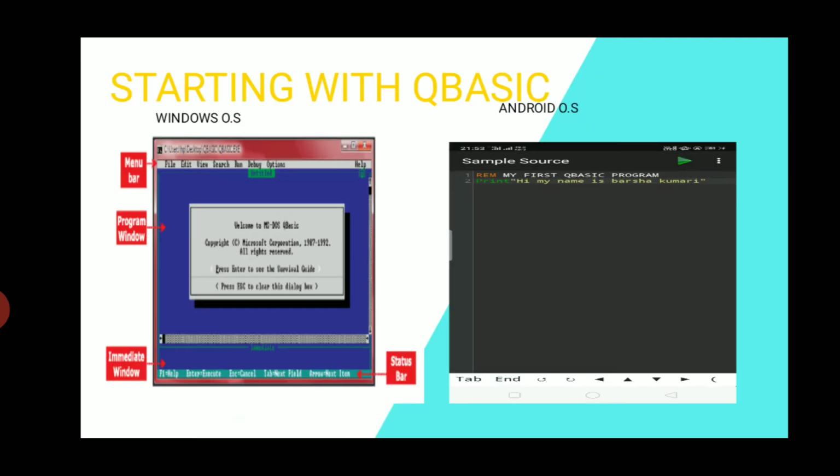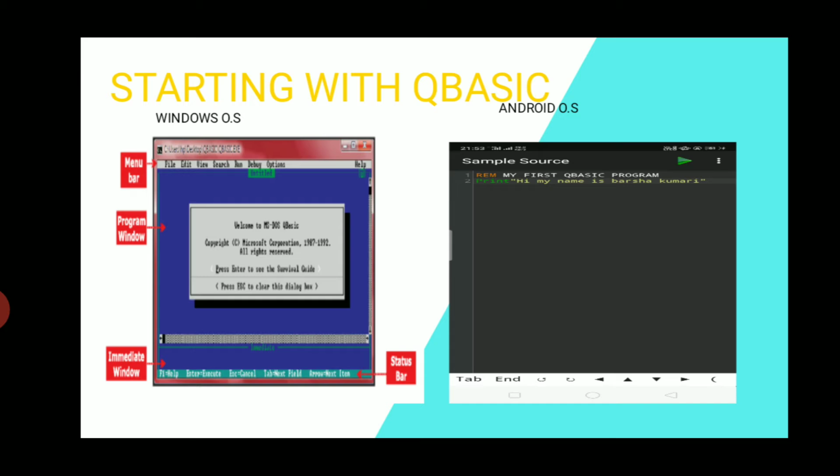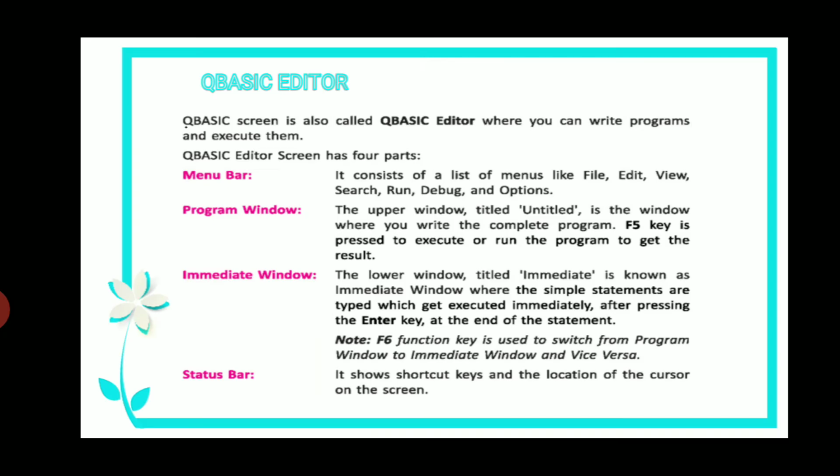In Windows OS, we need to know a few things in the QBASIC editor window: menu bar, program window, immediate window, and status bar. The menu bar consists of file, edit, view, search, run, debug, and options. From these options you can open a new file, save your file, quit, check your errors, and search anything.